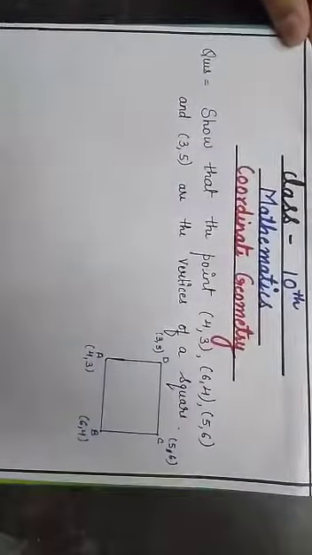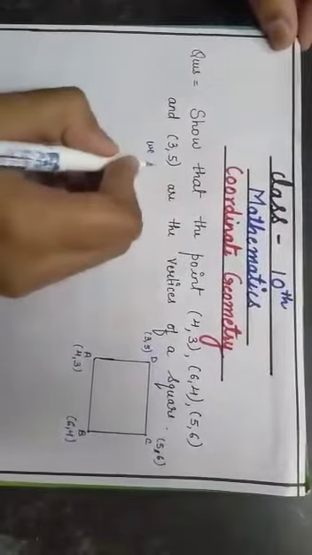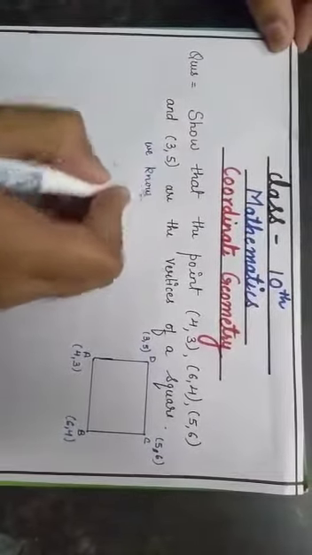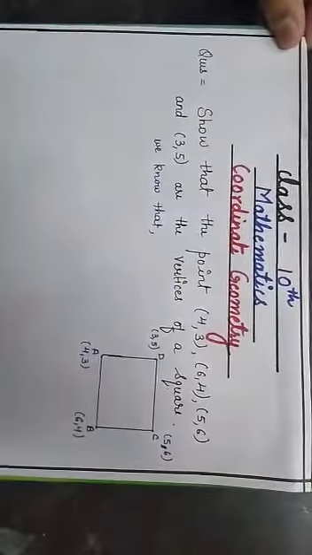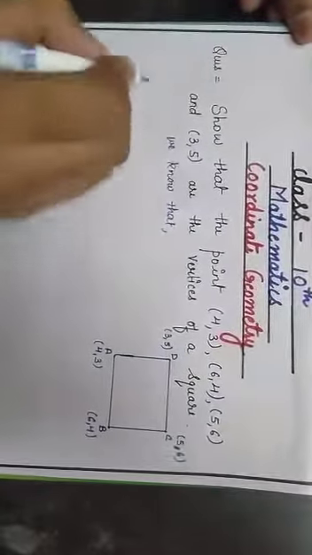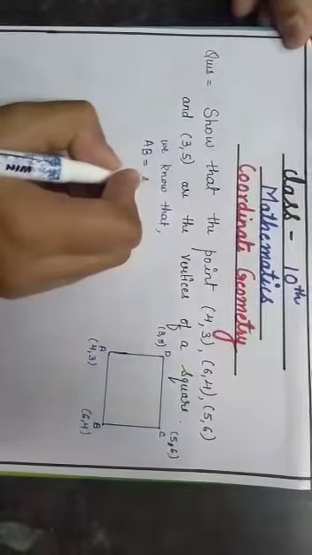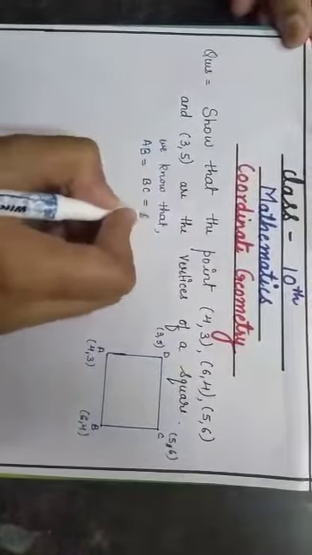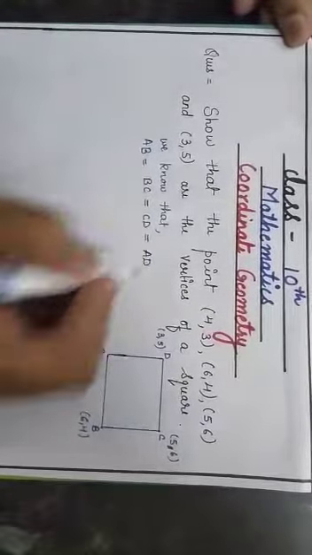After marking the points, we know that the sides of a square are equal. All sides of a square are equal, so AB equals BC equals CD equals AD.